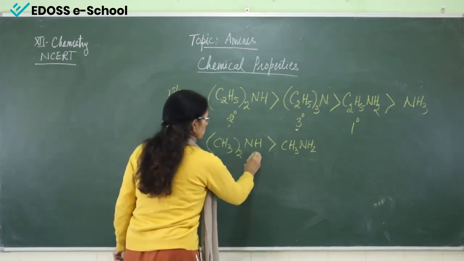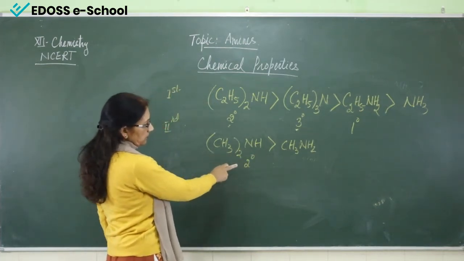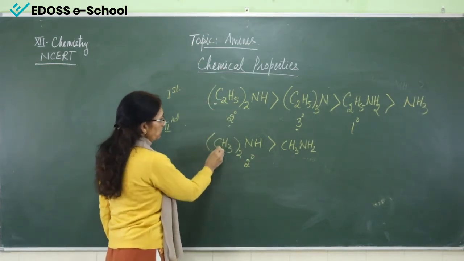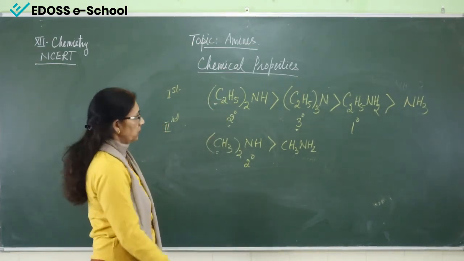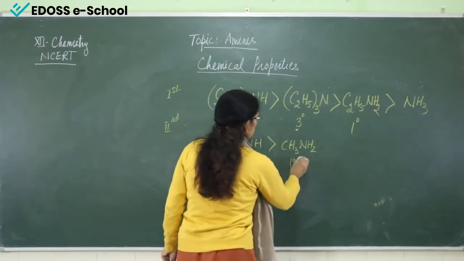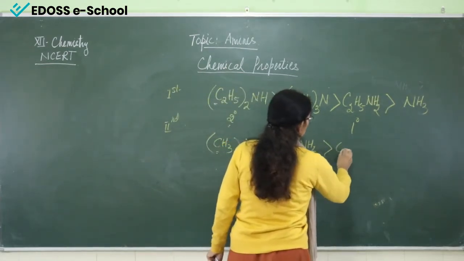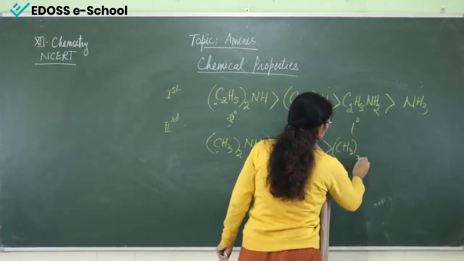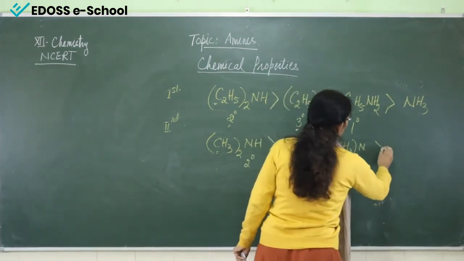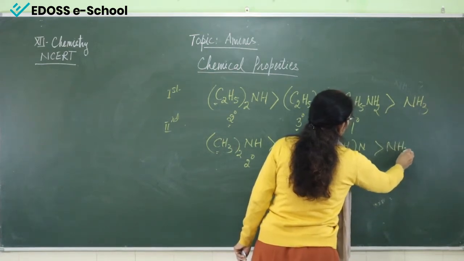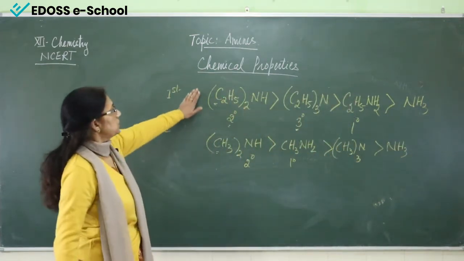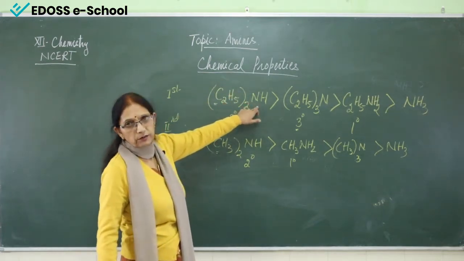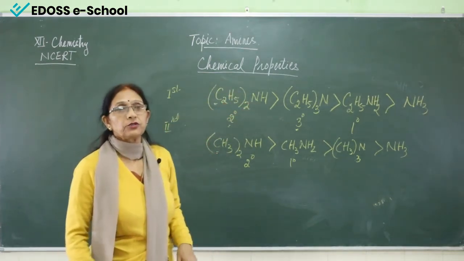Now basicity is changed. In place of ethyl, now methyl group is there. And this is 1 degree, and then it will be tertiary. Tertiary means (CH3)3N, and then it will be ammonia. So this is the sequence of basicity if we are taking ethyl substituted amine or methyl substituted amine.